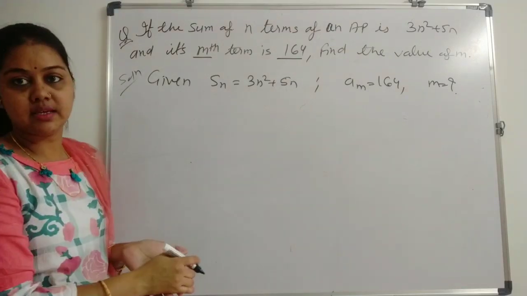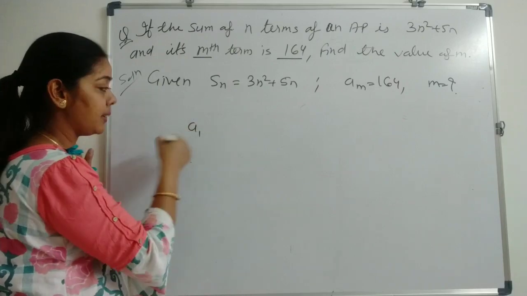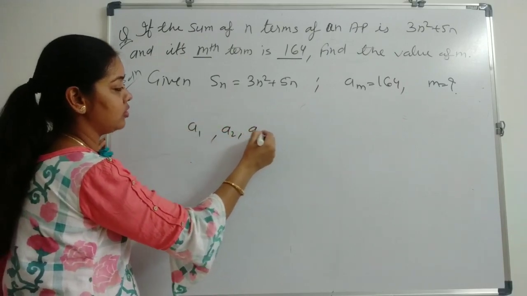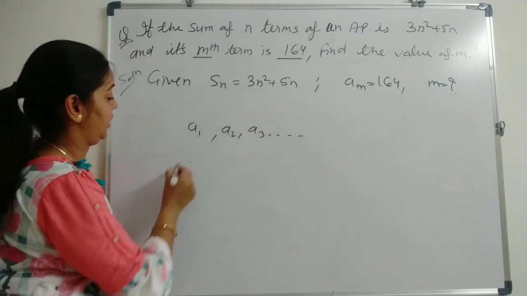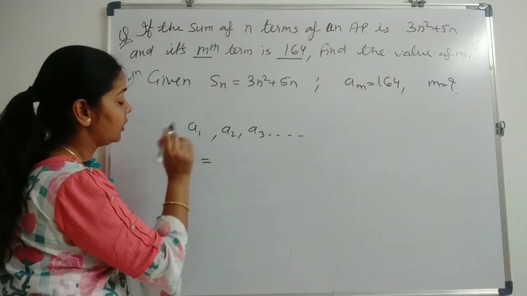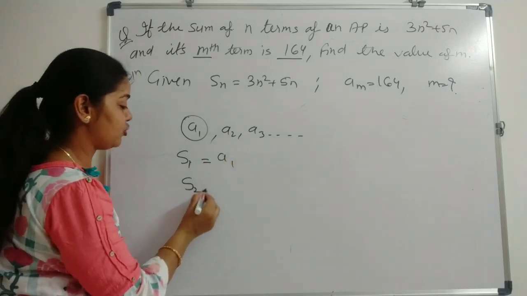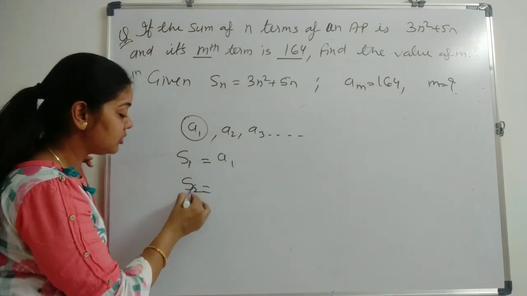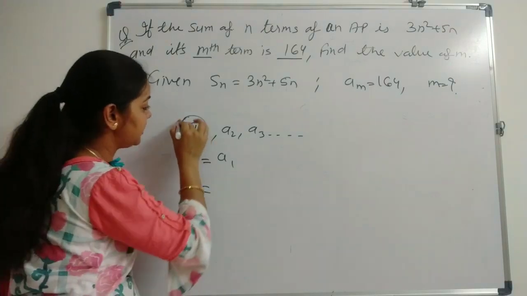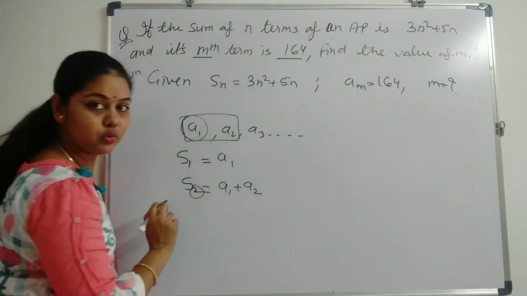Now, what is Sn? Sn means the sum of n terms. If my AP is given like that, A1, A2, A3 and so on, S1 means the sum of one term only. It means A1 itself. S2 means the sum of two terms. It means A1 plus A2. These are the two terms.